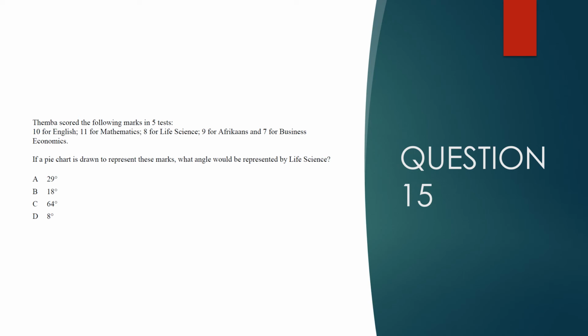In the first test he got 10, the second test he got 11, the third test he got 8, so it's 10 plus 11 plus 8 plus 9 plus 7.